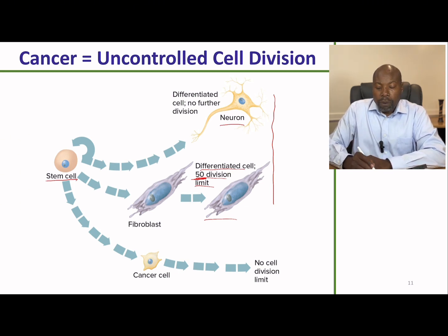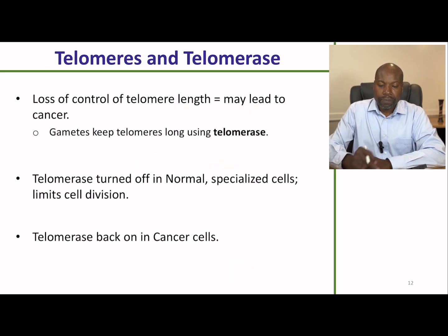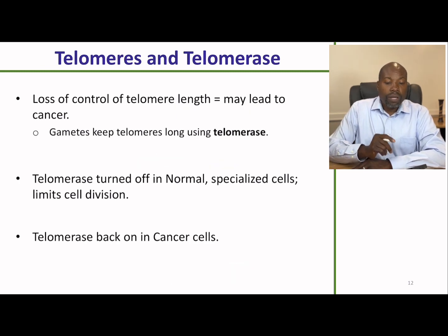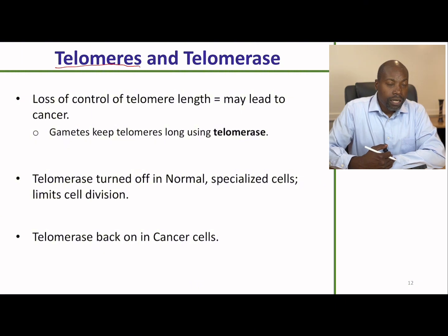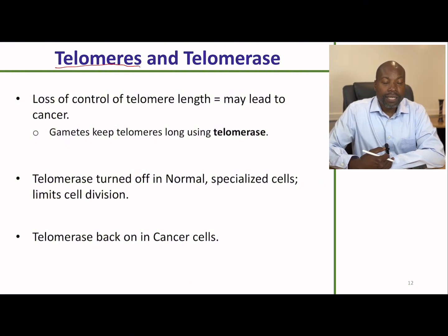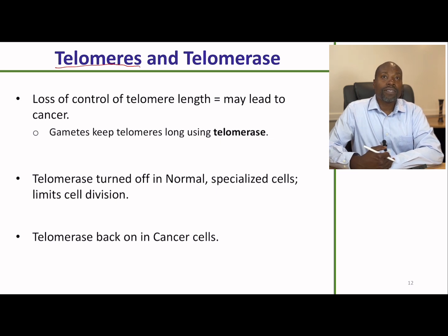At that point, these cells are going to become immortal. So these are cancer cells, and they are going to divide without limit. The telomeres technically should be shrinking every single cell division, but in the case of cancer cells, these telomeres are not shrinking. In fact, these telomeres are increasing in length.